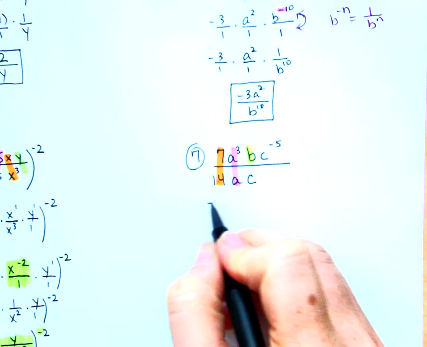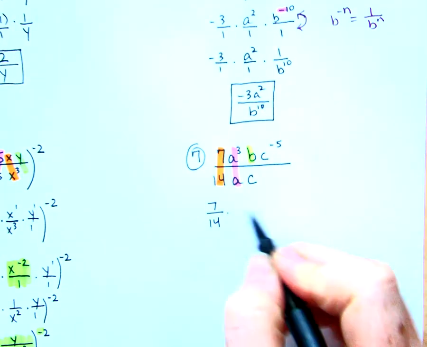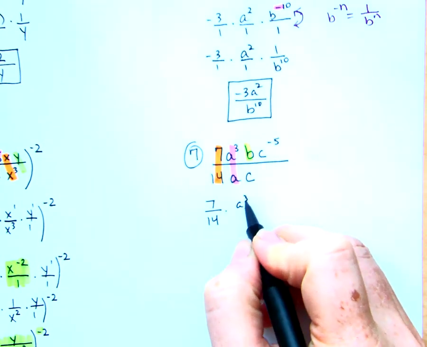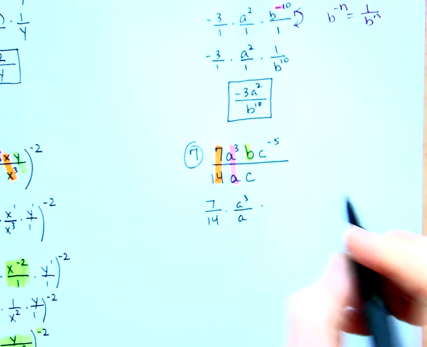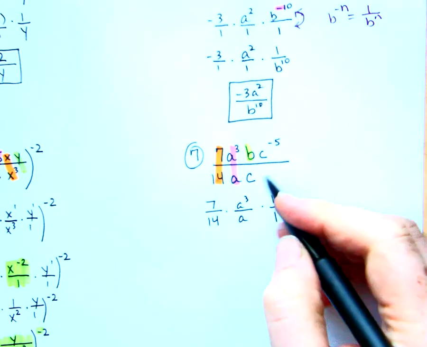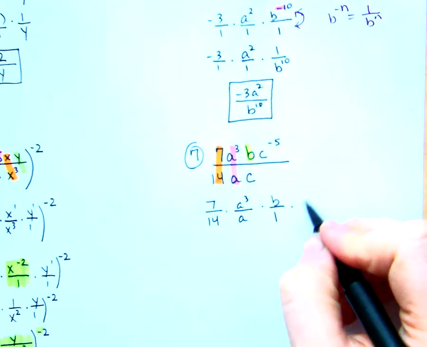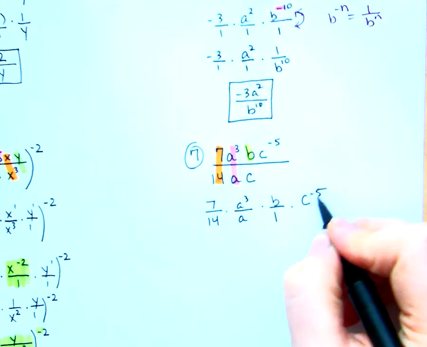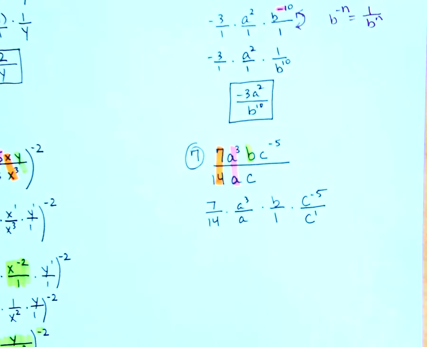So I'm going to separate as 7 over 14 times a cubed over a times b over 1, right, times c to the negative fifth over c, and I'm going to go ahead and write both of those in the denominator to the first so that I don't forget that invisible exponents are 1.